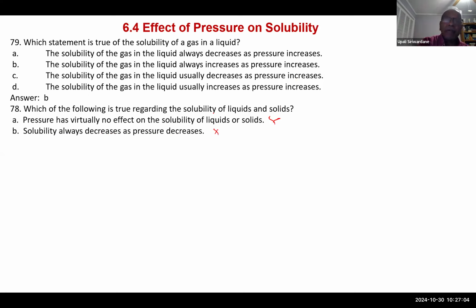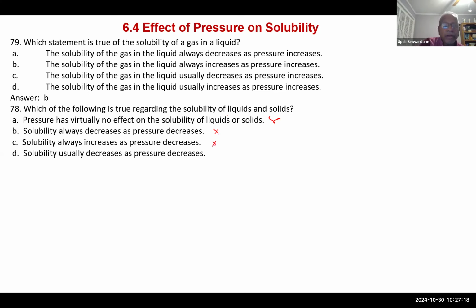Pressure doesn't have an effect on the solubility of liquids and solids. Solubility increases as the pressure decreases? Pressure doesn't have any effect on solubility. That's correct. Pressure virtually has no effect on solubility. That's how you got A.